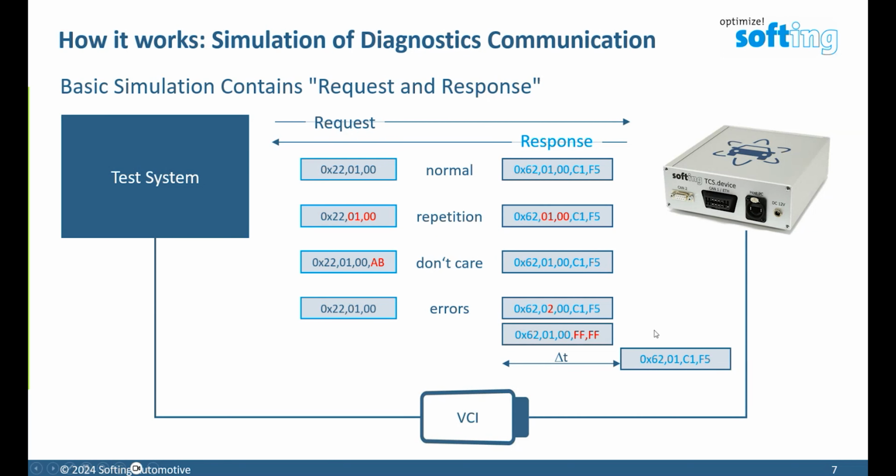All those things are the typical diagnostic communication between the test system and the TCS or the ECU. And the TCS has to simulate all those ECU behaviors so that the test system recognizes it as an ECU. Sounds complicated, but it isn't.